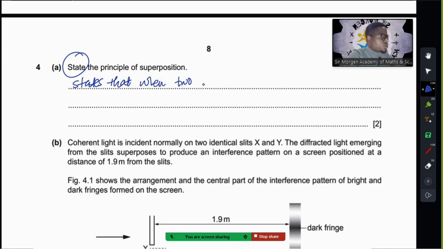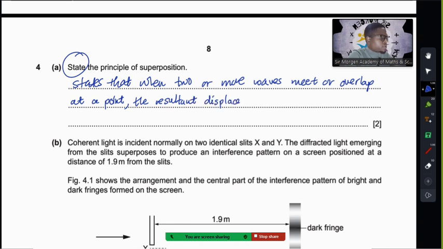when two or more waves meet or overlap at a point, the resultant displacement is the sum of the individual waves.